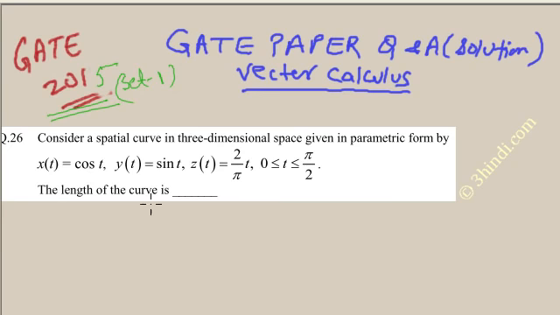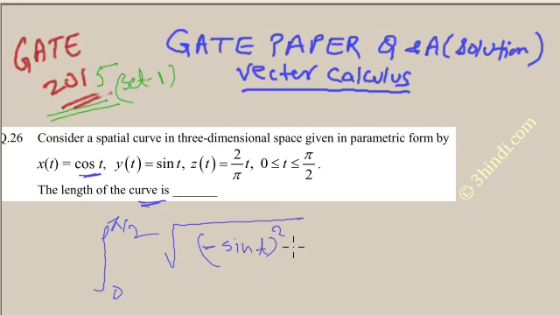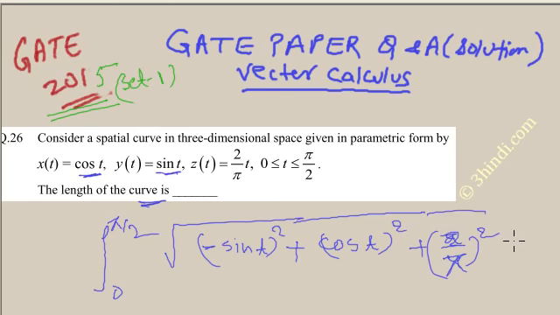You can calculate the length of the curve by using this formula: integration from 0 to pi by 2 of the root over the differentiation of this, so minus sin t whole square, plus differentiation of this with respect to t, that is cos t whole square, plus differentiation of this with respect to t, that is 2 by pi whole square, dt.